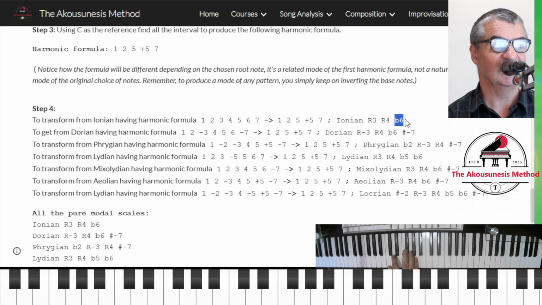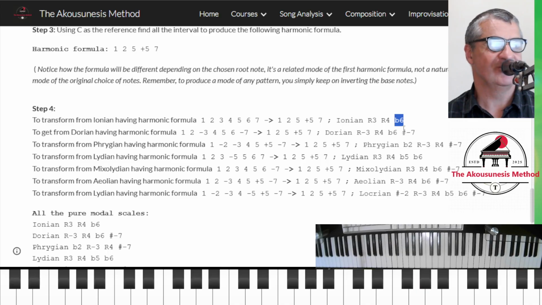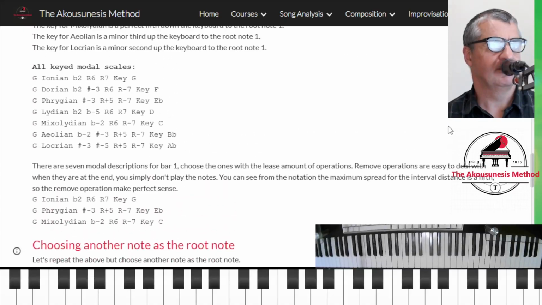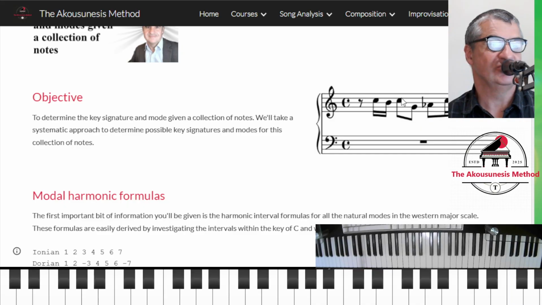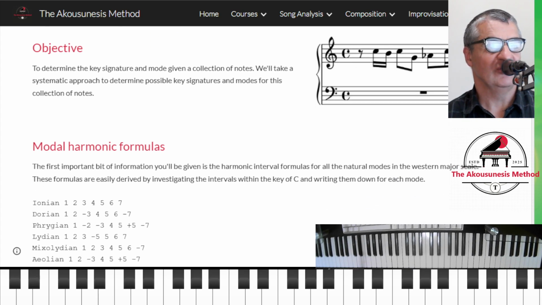It's going to have a different sound, but it's a mode, right? It's a mode of the original. It's another mode. And that all depends on what root note you choose. So you've got a lot of choices, right?